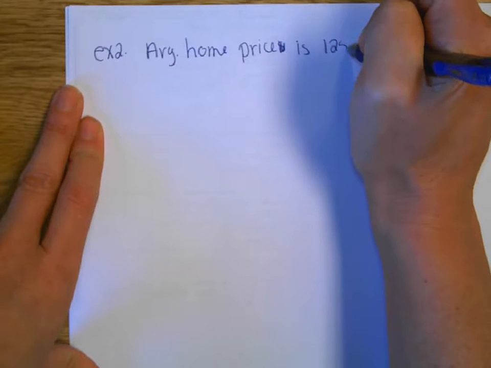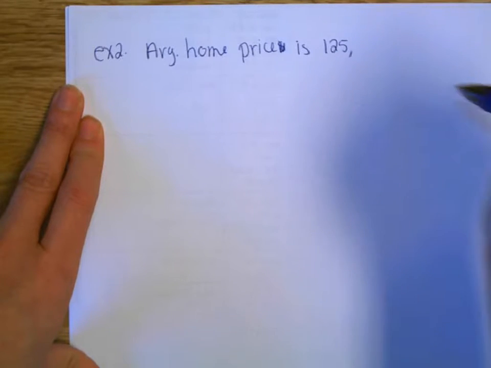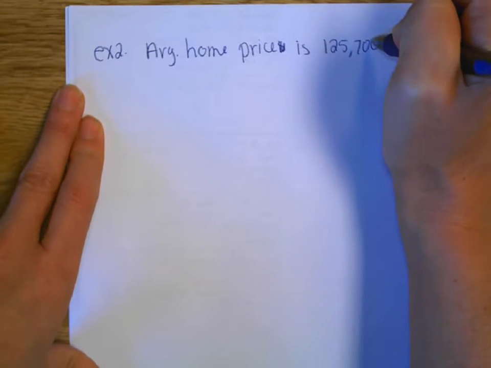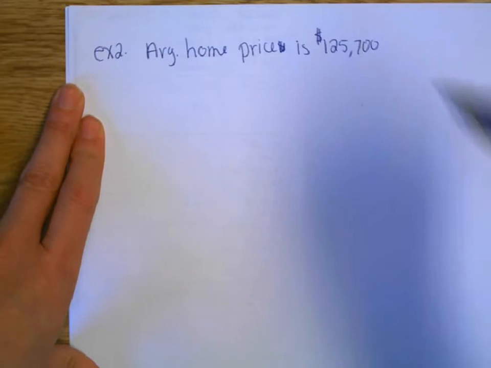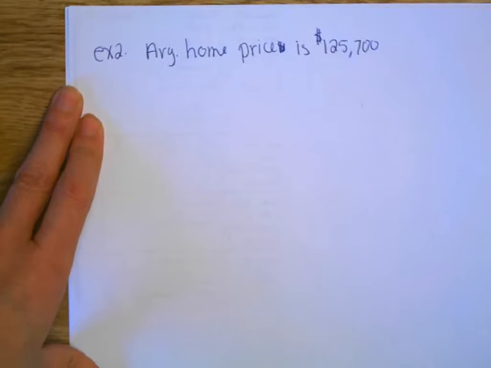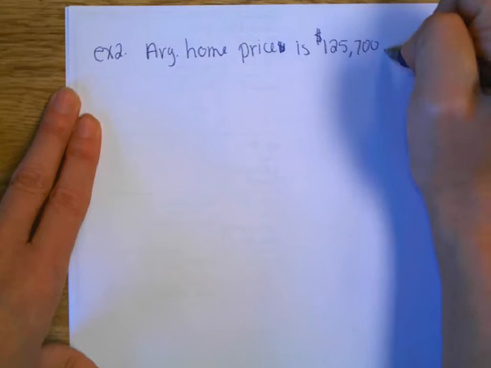is $125,700. This is back from 1997. It was across the entire United States, so that's including your low all the way to your high end, but that's the average back in 1997. Wish we had better data, but that's all I can go with. Okay.